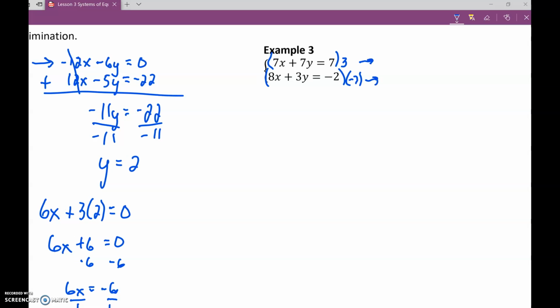So multiply everything on top by 3. So there's your top equation times 3. And then the bottom equation, multiply everything by -7.